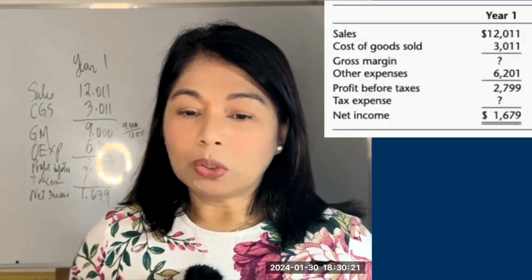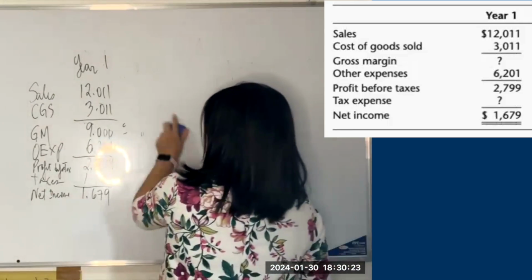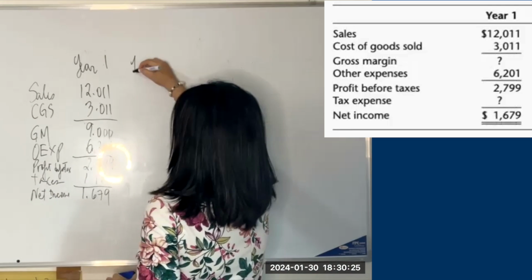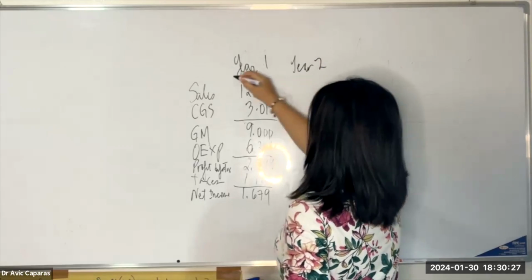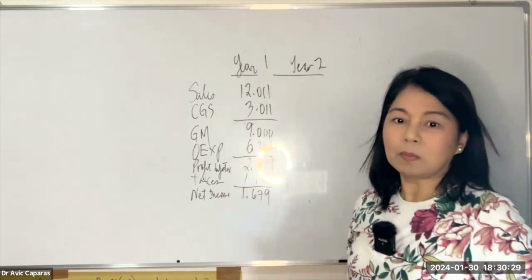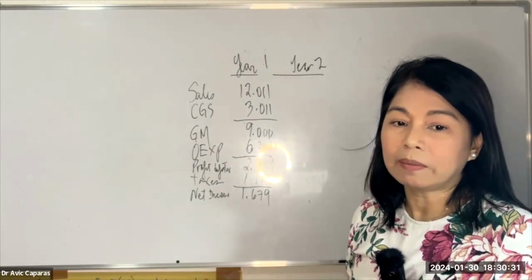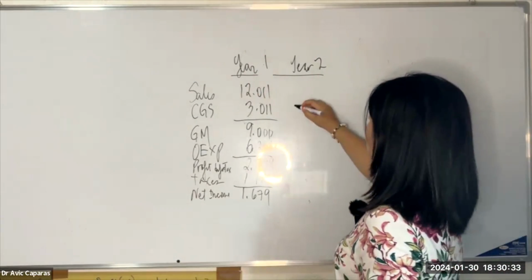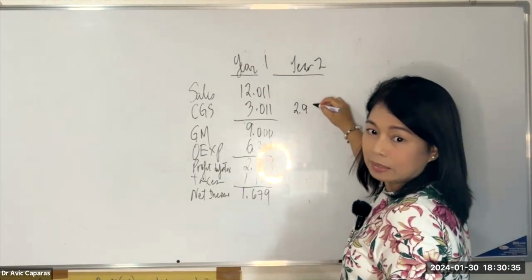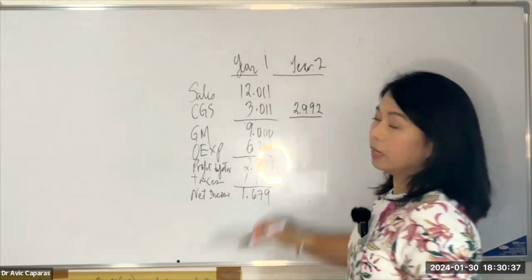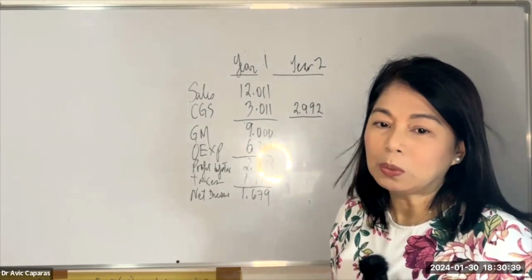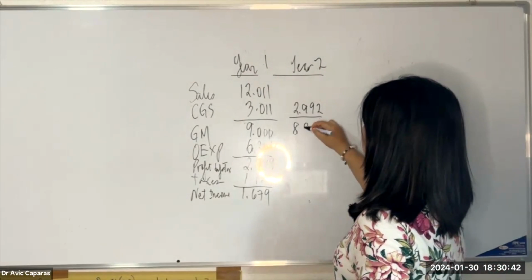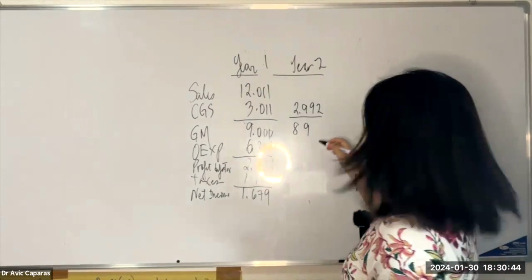Okay. So now, let us compute for year 2. Is that going to be easy to compute? Yes, because they had the cost of goods sold of 2,992, and the gross margin is computed for you, 8,976.